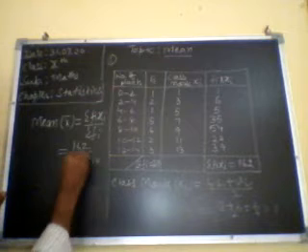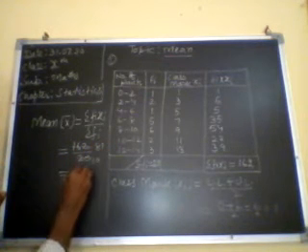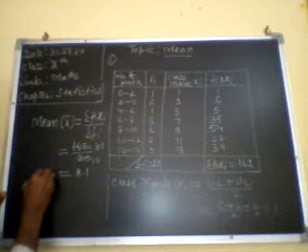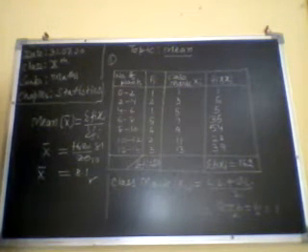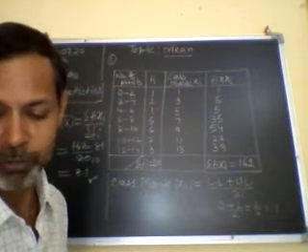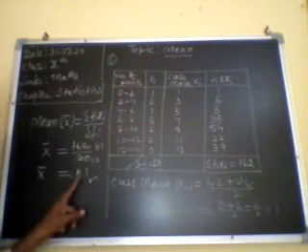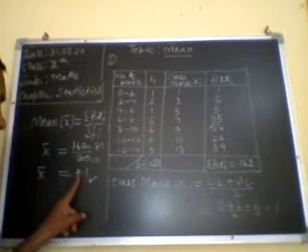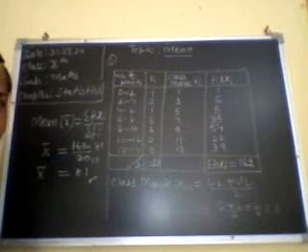Dividing, it is 8.1. So the mean x bar is 8.1. The question is asking about the number of plants: find the mean number of plants per house. So 8.1 is the mean number of plants per house. Okay.